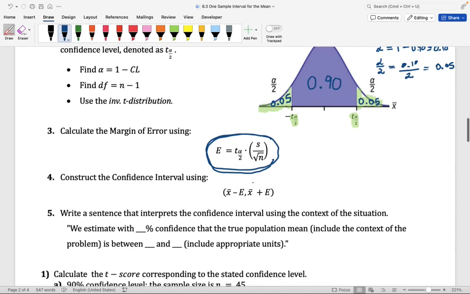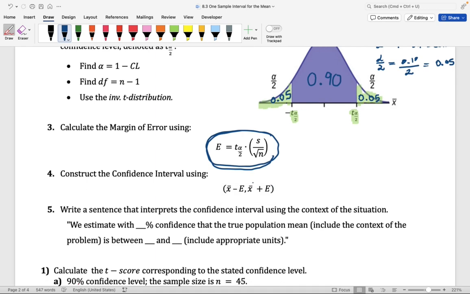Now, the last step is to write a sentence that interprets the confidence interval, and you always need to use the context of the situation. We can say something like, we estimate with blank percent, which would be the confidence level, that the true population mean, right?